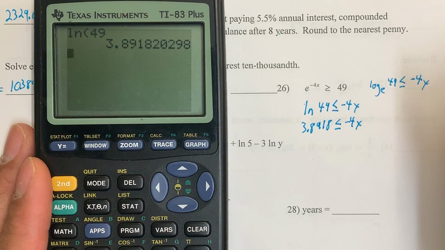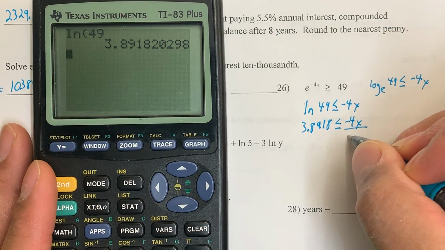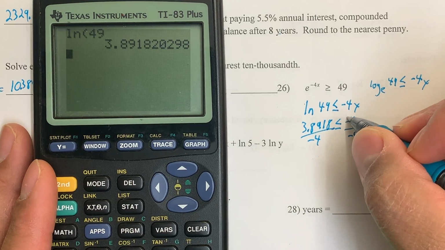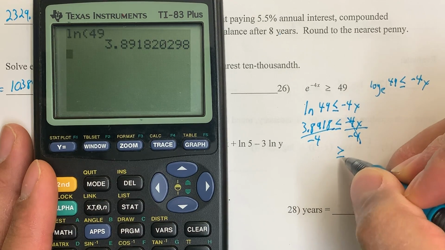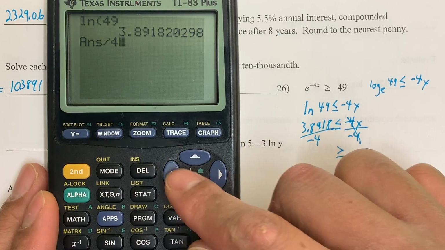All right? Now, to get x by itself, just divide by negative 4. Nothing we haven't done 1,000 times. This goes away. Divide by a negative, so this has to flip. And we divide that number by negative 4.